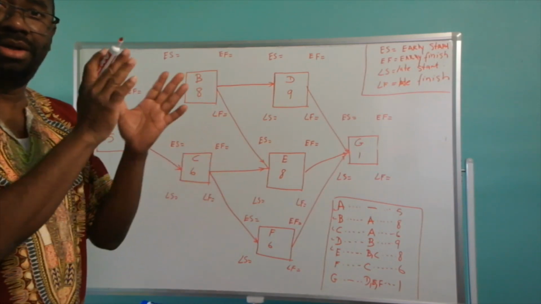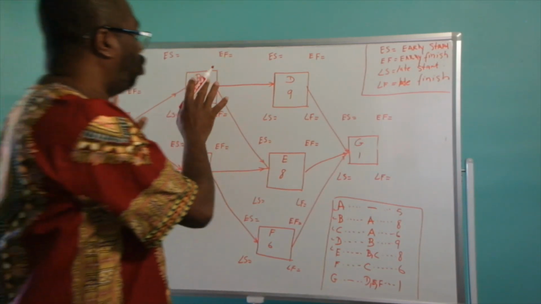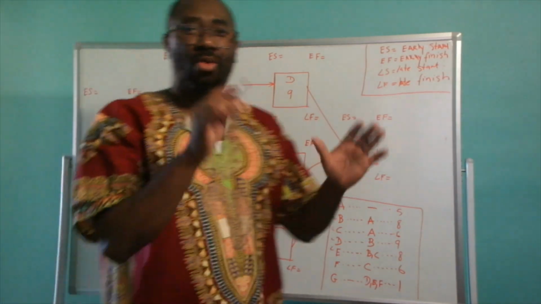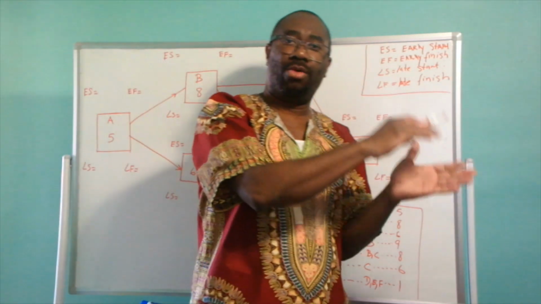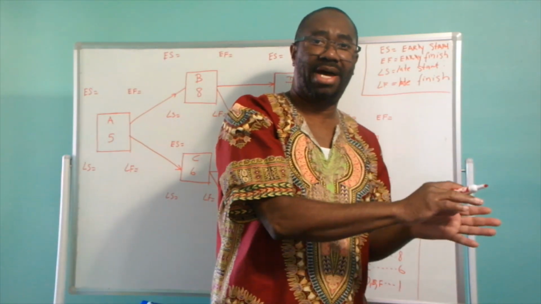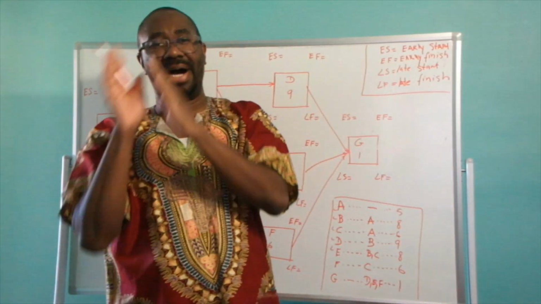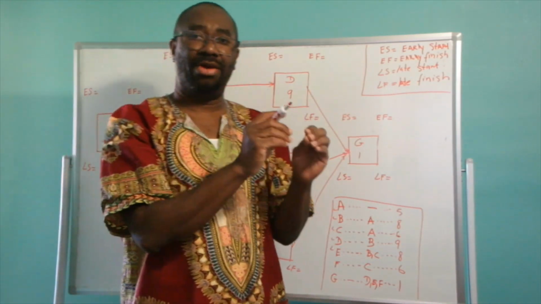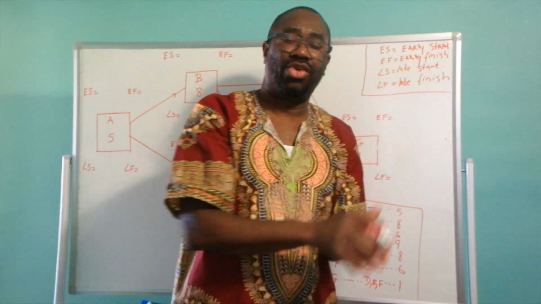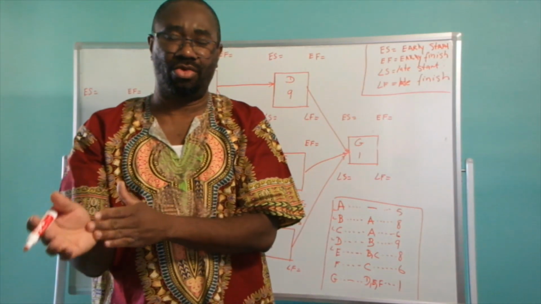Now we're going to calculate our duration and our critical path. So we're going to first do what is called the forward pass, and after we have completed the forward pass, we are going to do the backward pass. But bear in mind, when you're doing the forward pass, you add activity duration.